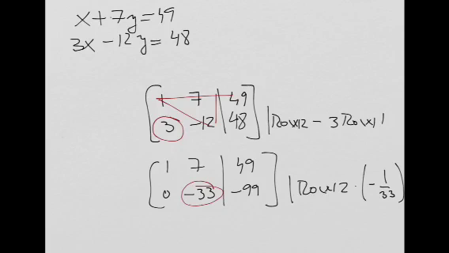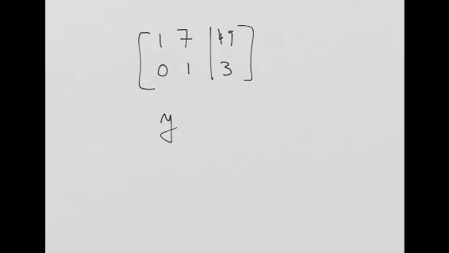So then we're going to get 1, 7, 49 here. I'm going to get the 0 here, a 1 here, and a 3 there, because negative 99 divided by negative 33. So what does that give me? That gives me y equals 3, and then I'm going to have x plus 7y equals 49, and x is going to be 28.